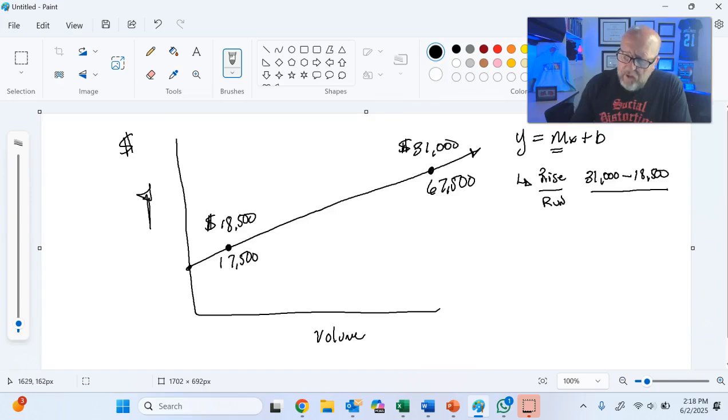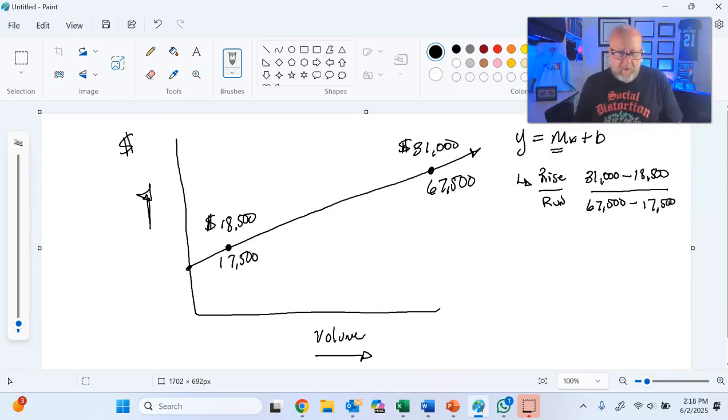And then I'm going to do the run. The high data point on the volume side or the run side, right? Again, this is the run, the volume. It's going to be 67,500 and the low, 17,500. Now I'm going to do all of this with my calculator, not in my head.